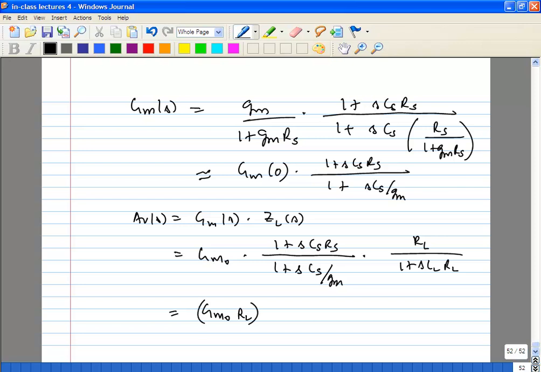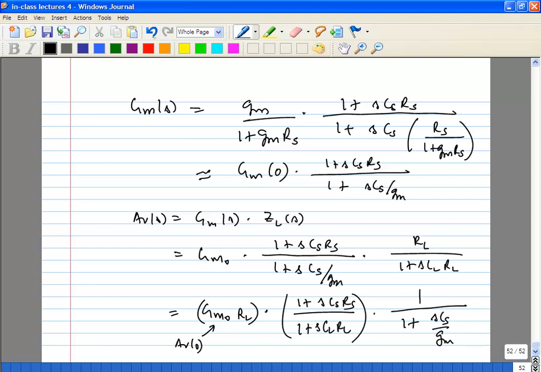So this is AV of 0, your DC gain, times this term, which is the pole and 0 you want to cancel, times this. Once you cancel those two, this will become your dominant pole, SCS over GM.